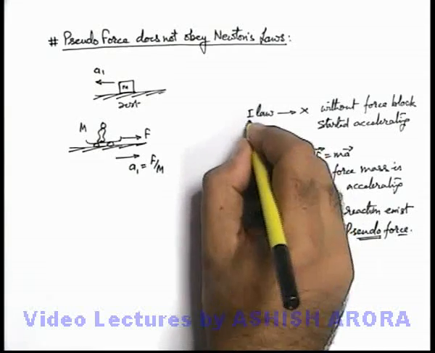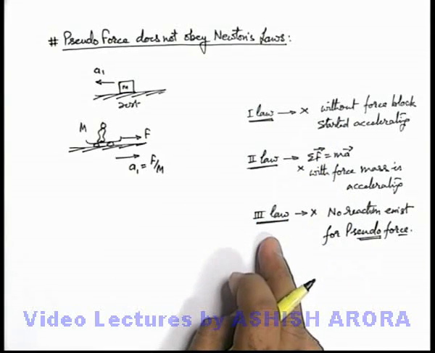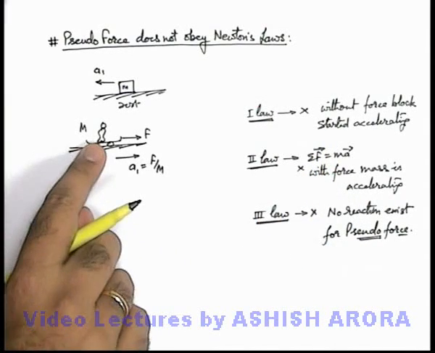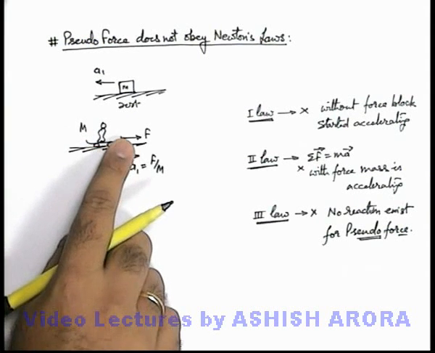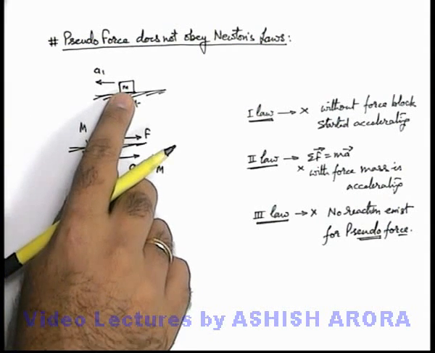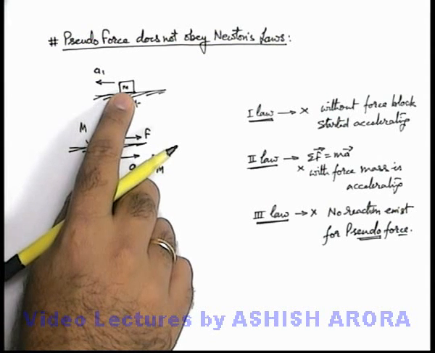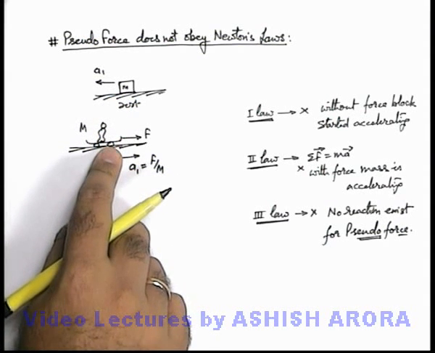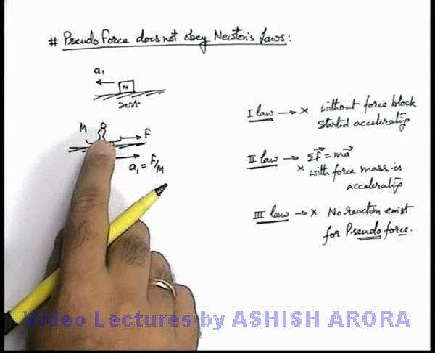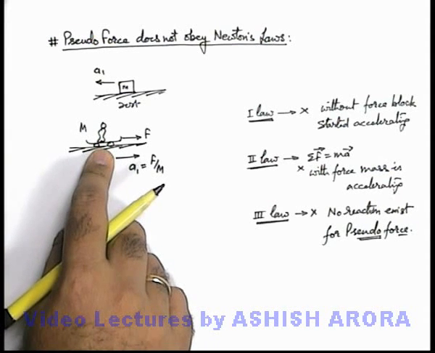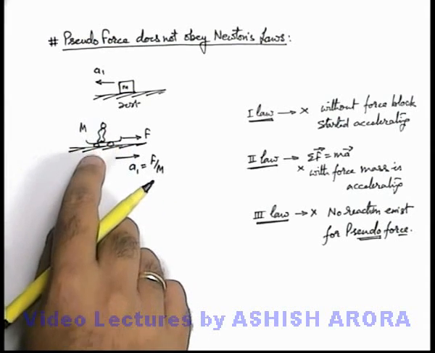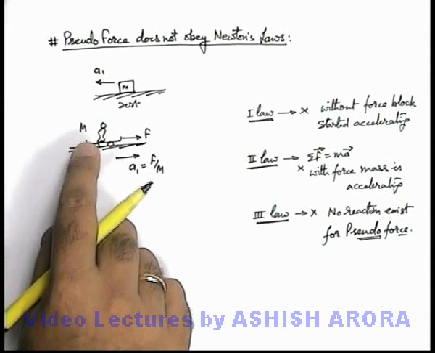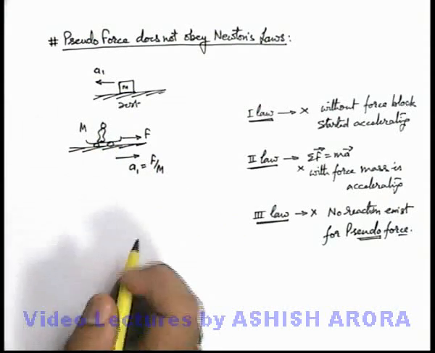So based on this concept, as Newton's laws are not valid in the reference frame of this observer, we can say the reference frames through which we observe different types of objects and their motion must be classified in different categories. One category would be the one in which the observers are not accelerating, and the other category is the one in which observers are accelerating. These are defined in two ways.